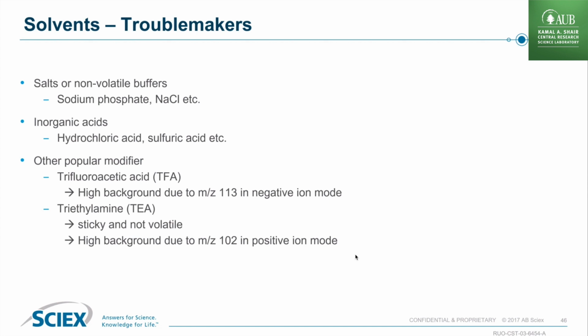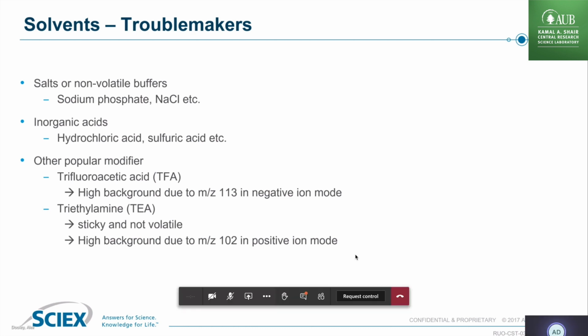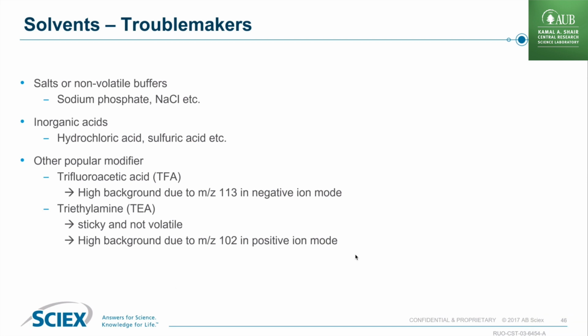Other popular modifiers, especially if you were looking at an older paper or an older method, let's say from 15 years ago and before, are TFA and TEA, trifluoroacetic acid and triethylamine. In those days, the mass spectrometers were not so sensitive. Now we have much, much more sensitive mass spectrometers, and these compounds, it turns out, leave a trace in the opposite mode.